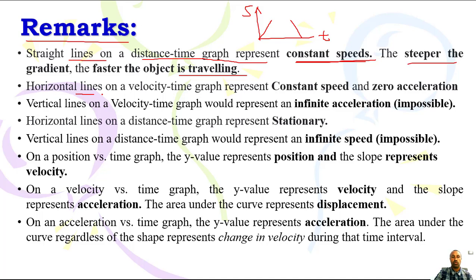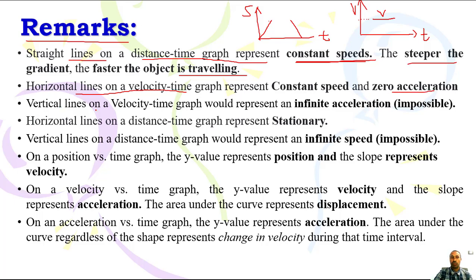And horizontal lines on a velocity time graph represent constant speed. So if you have a velocity time curve and the velocity is horizontal, what does it mean? Constant speed and zero acceleration.